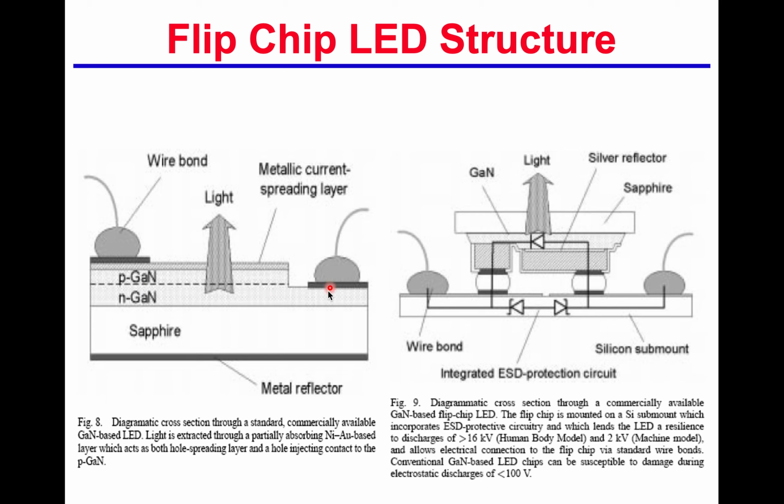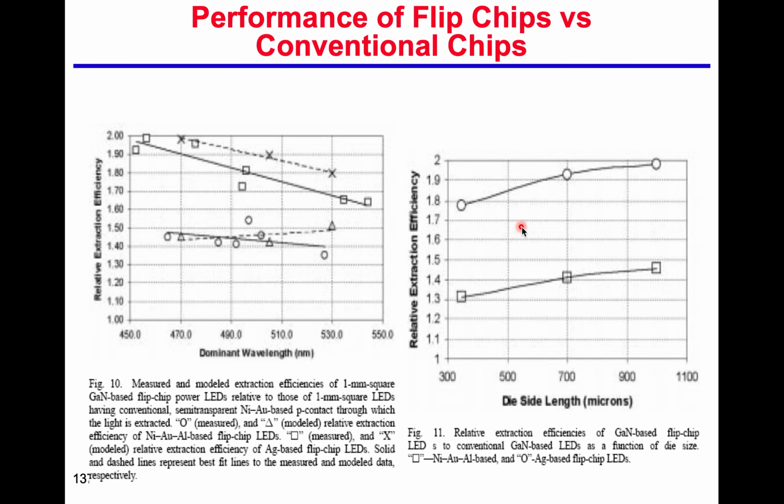So the PN is at the same side. So sapphire is transparent, so you can emit the light from here and put the metal reflector at the top, or you can put it upside down. So right now the PN type is here, and the light emission is through the sapphire structure as well.